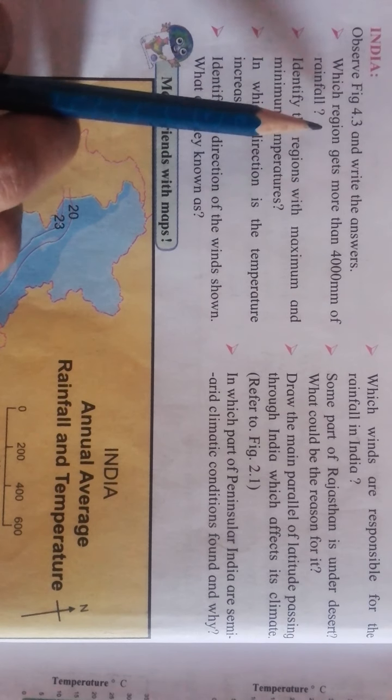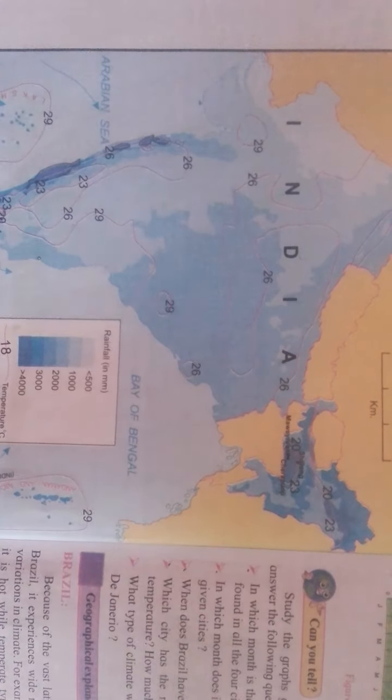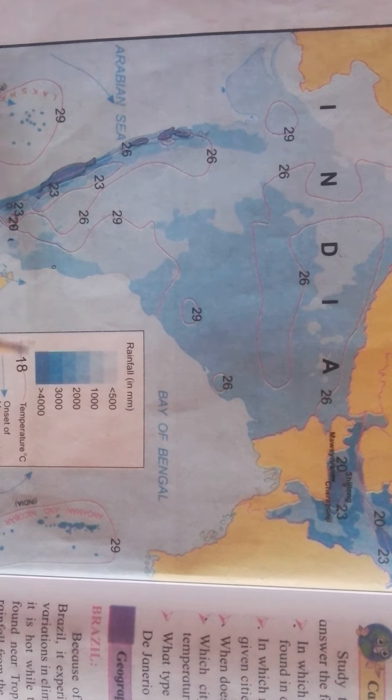First question, which region gets more than 4000 mm of rainfall? See the index, more than 4000 mm of rainfall is shown in dark blue color.